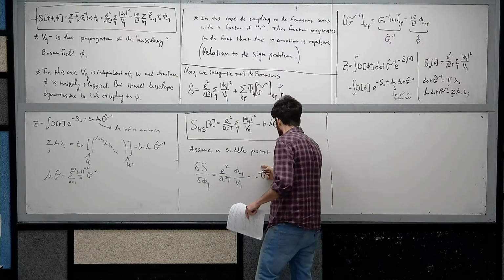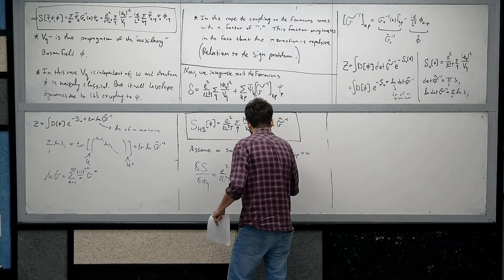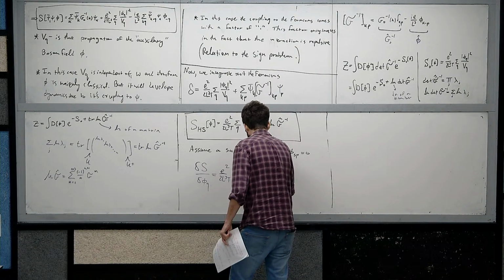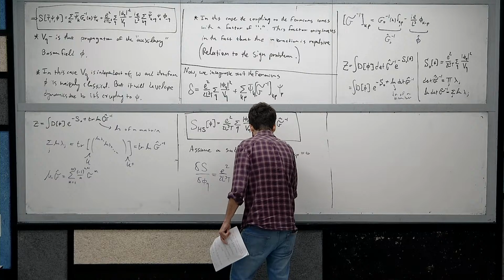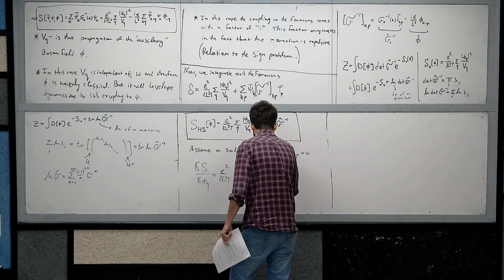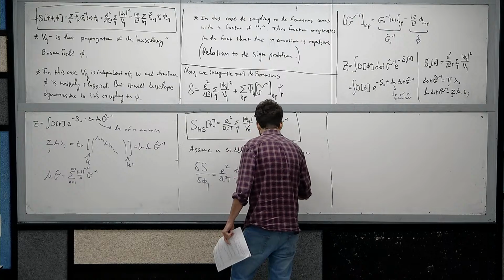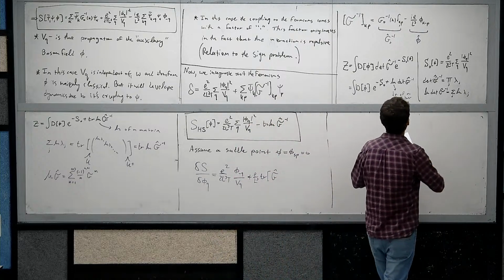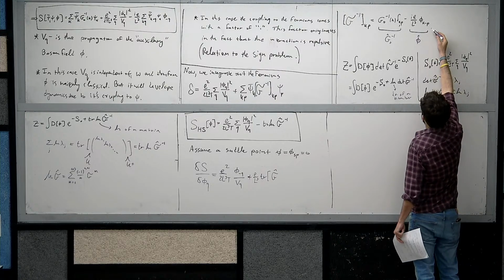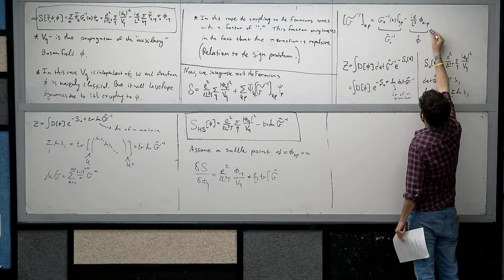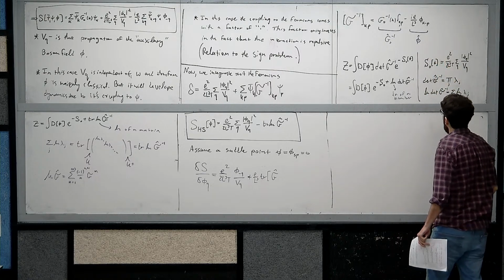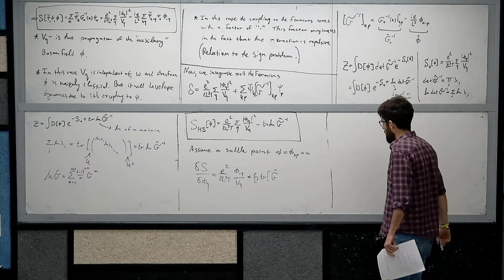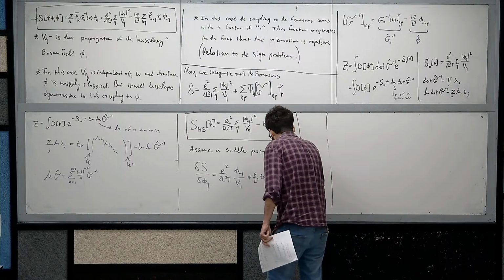So maybe I'll write it like this. So I get plus e over L cubed sum over, trace. And then I have this G. But then I need something to fix this matrix to be q. So I need phi to be fixed to q. So I'm going to write here delta.